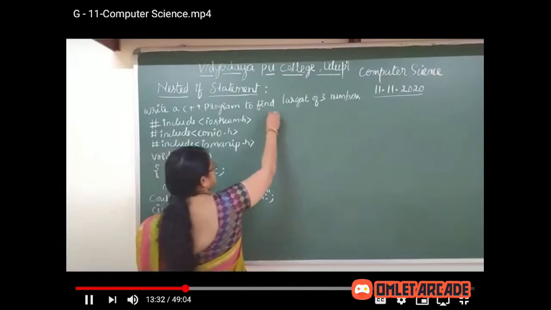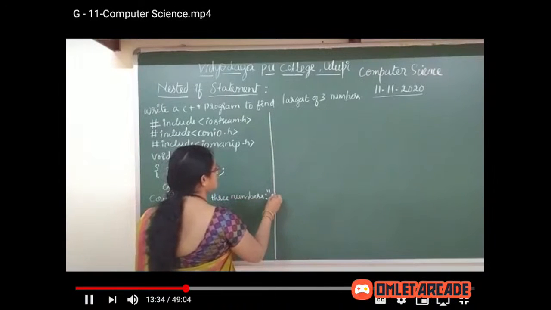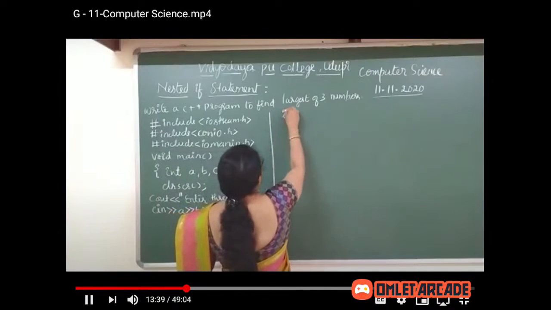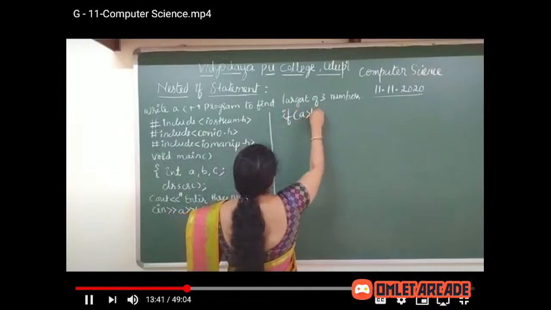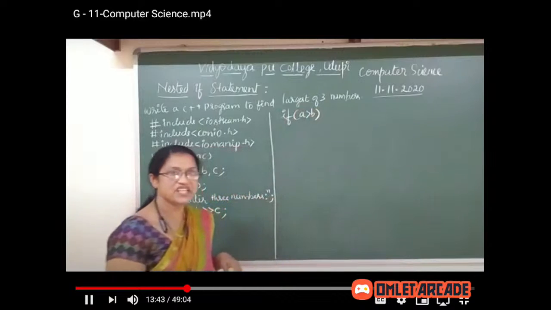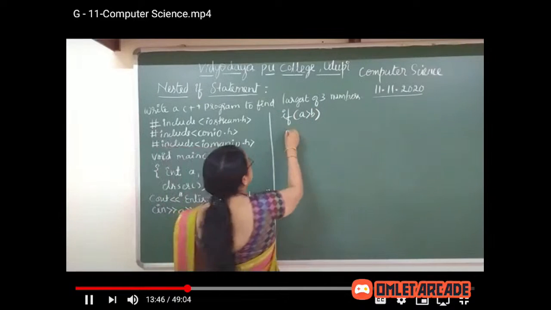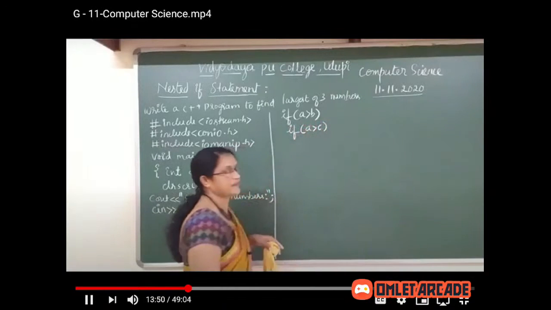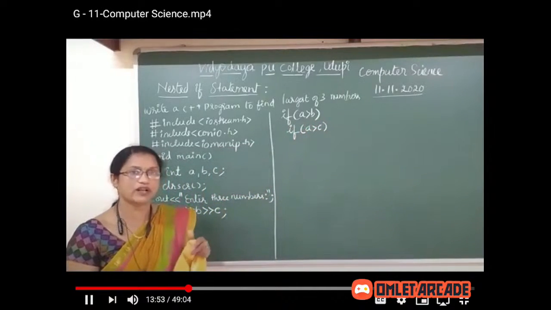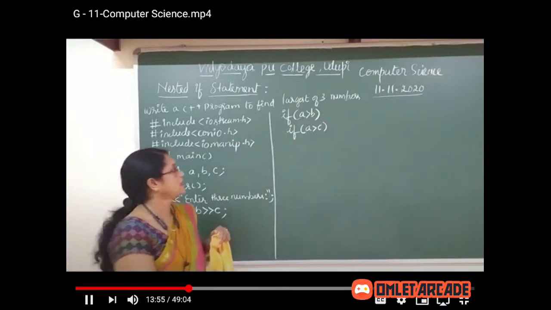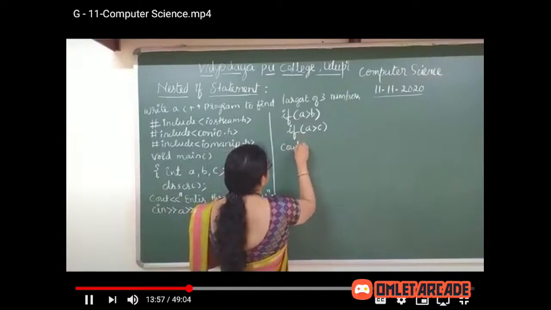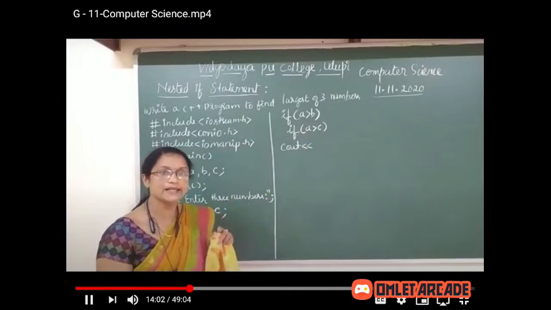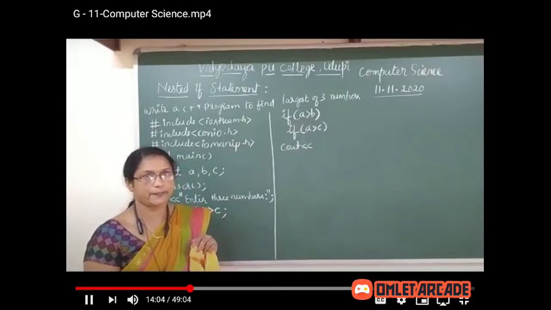Now you have to write the condition. Okay, if a greater than b, again if a greater than c. You can use flower brackets also, or without flower brackets you can directly write. If so, cout, the largest is which one? A. Else the largest is c.